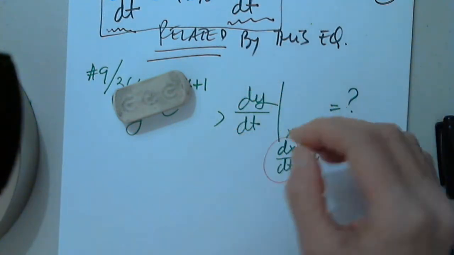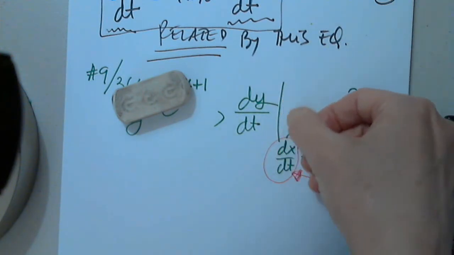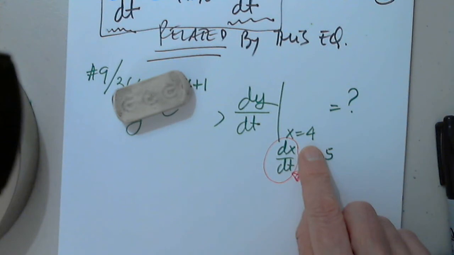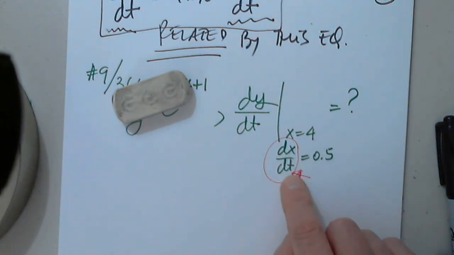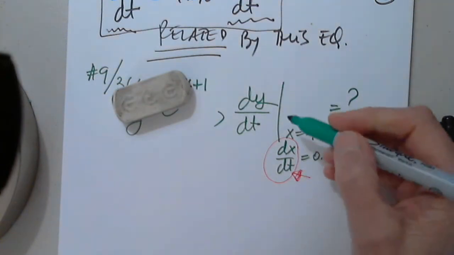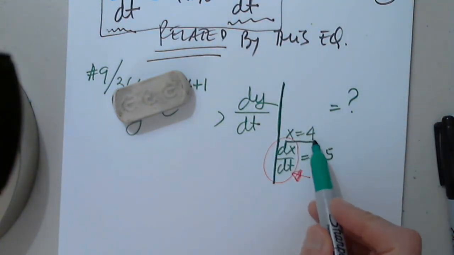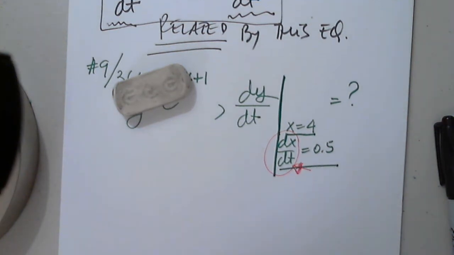After you finish this, knowing that, evaluate this when x is 4 and when dx over dt is 0.5. This is given to us, this is given to us.